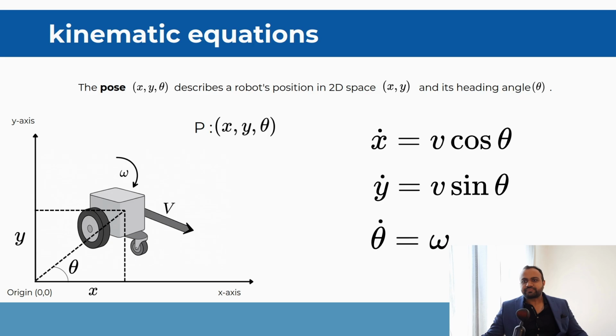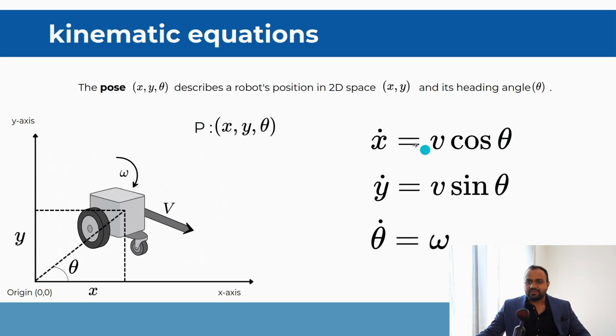So how are these equations useful? Just think, you give a linear velocity v equal to 1, maybe 1 meter per second, and you do not give any angular velocity at that time, so your robot will just move in a straight direction.